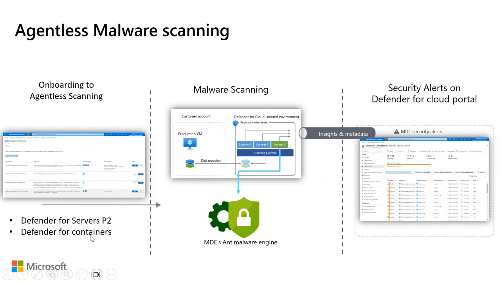Only when you enable these two plans, you will get this capability of malware scanning on the Kubernetes host. Please note that the agentless machine scanning capability is available on the Defender CSPM plan as well, but that alone will not help in detecting malware for Kubernetes hosts. You need to turn on agentless scanning on the Defender for Servers P2 plan or the Defender for Containers plan.